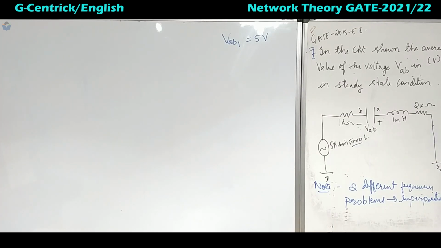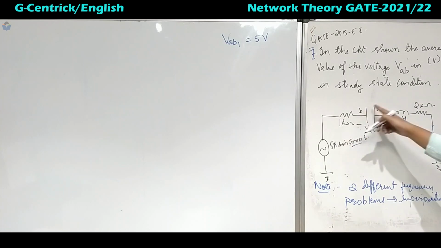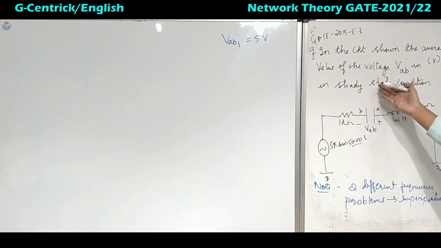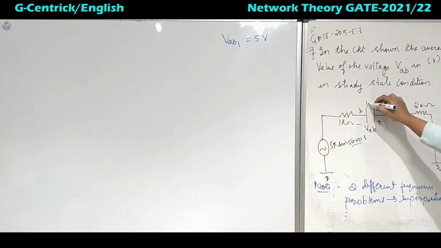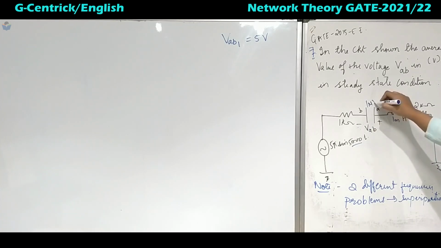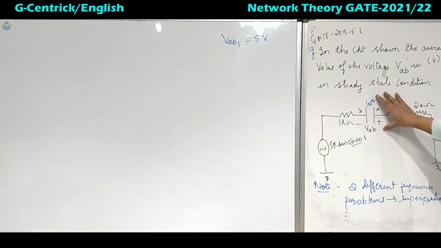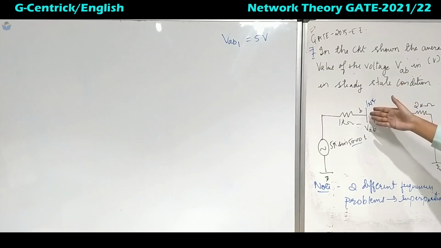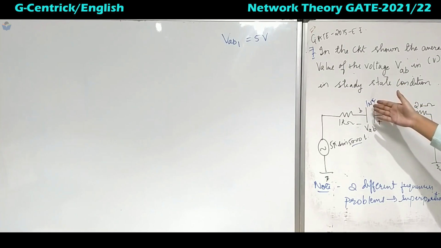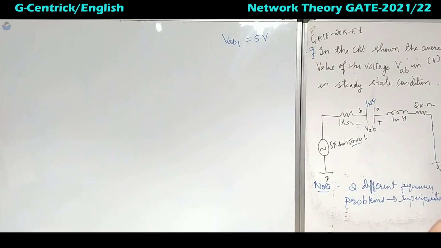Okay, so we have to find, if you know the current in the circuit, immediately we can find. We know the value of capacitor as 1 microfarad. So we can calculate this by multiplying with the help of JXL. JXL into I, we will get VAB. So we have to first find the current in the circuit.